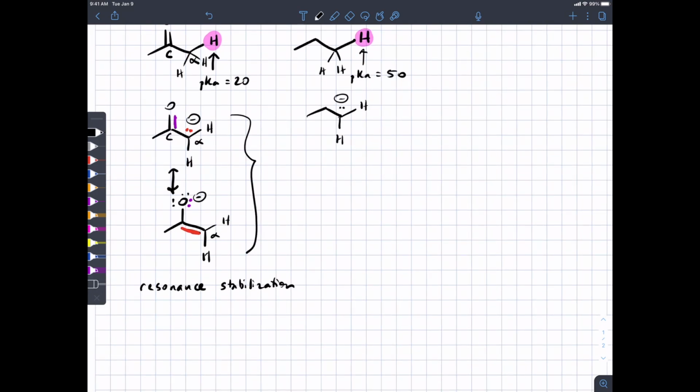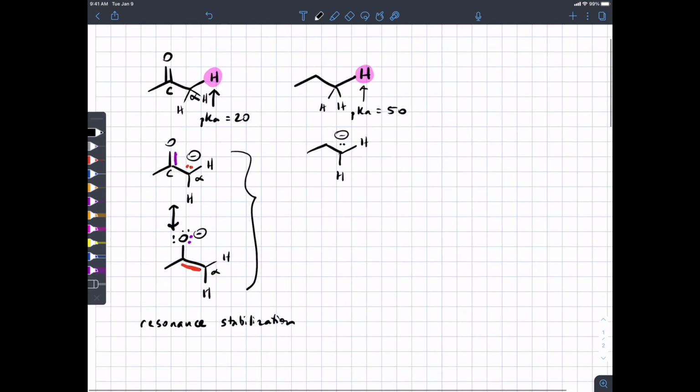But structurally, what you have in this conjugate base, which we're going to call an enolate, is three atoms that are each sp2 hybridized, in a conjugated system. We can imagine that we get this conjugated system by mixing a p orbital on the oxygen with a p orbital on carbon with a p orbital on the alpha carbon.